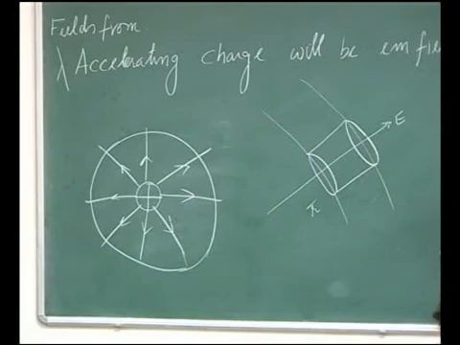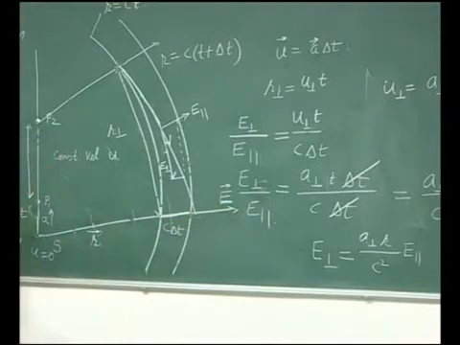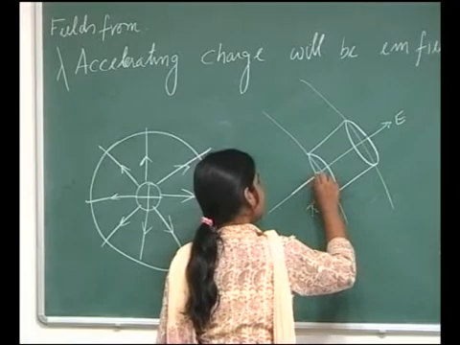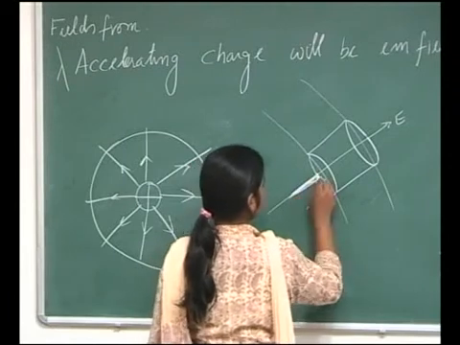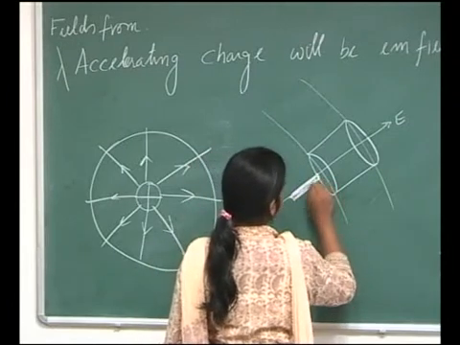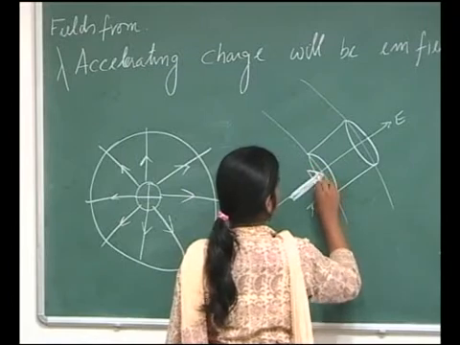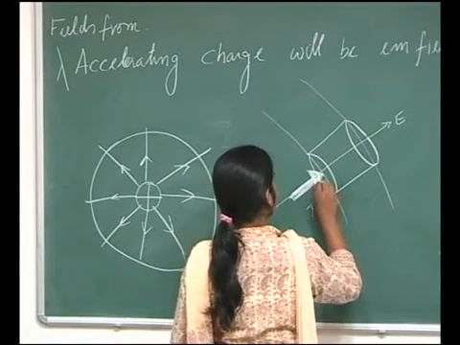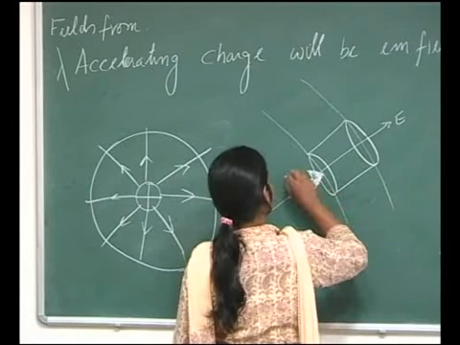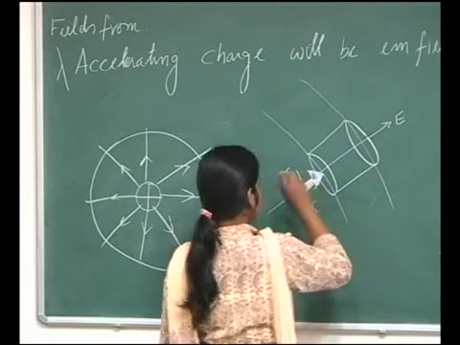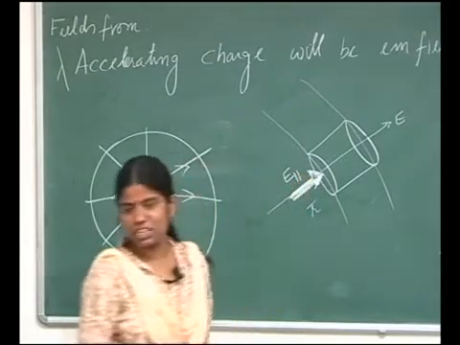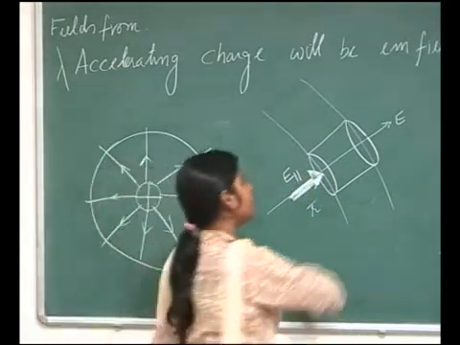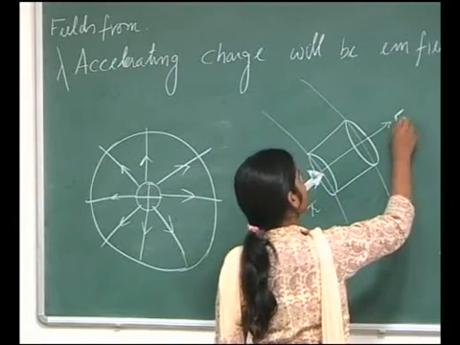From here what is entering is E parallel and what is coming out is E, okay. The field entering into the pill box is E parallel and field coming out is your E field from the static charge.